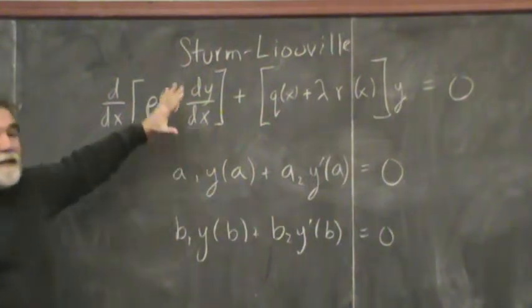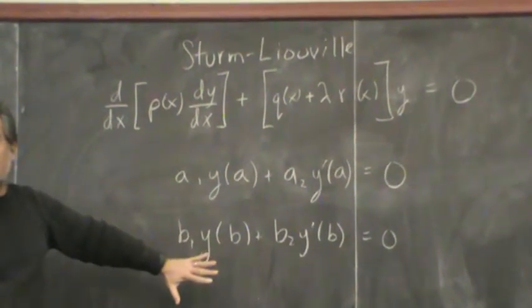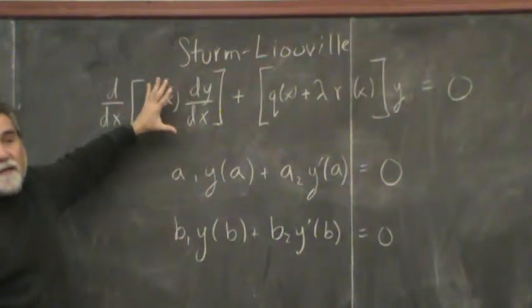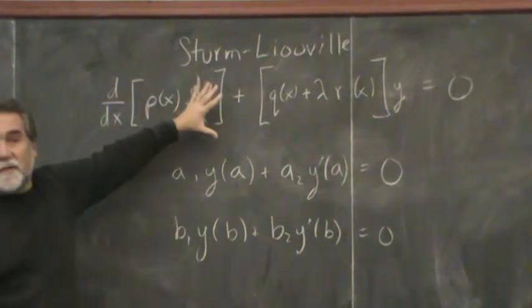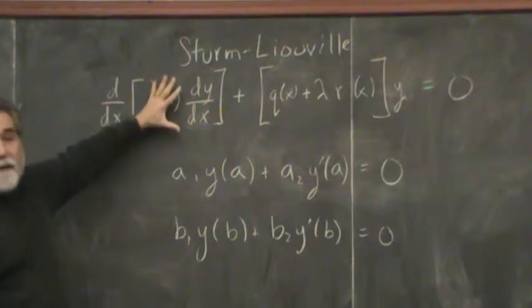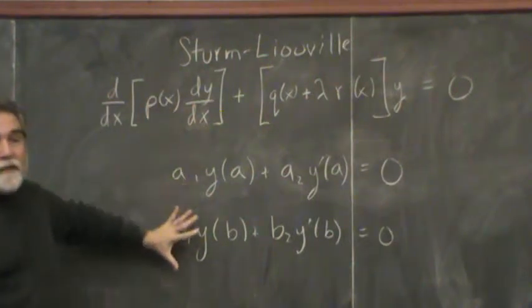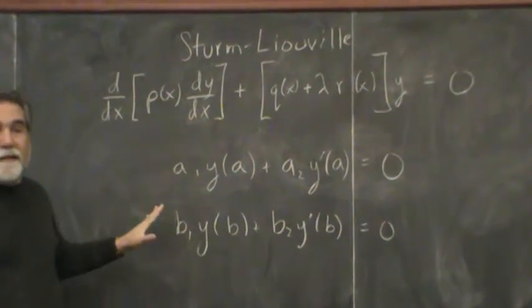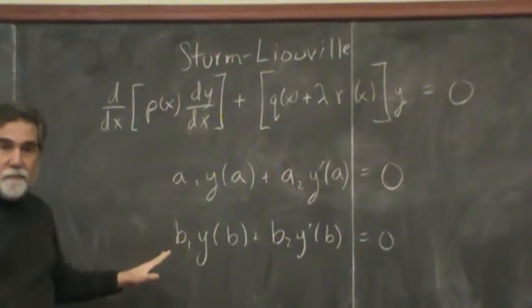And if I can express the problem in this way, so that the differential equation that I need to solve has that form in general, and has to satisfy some set of boundary conditions like this, then that's a Sturm-Liouville problem, right?